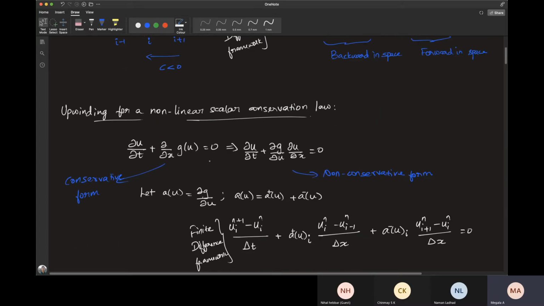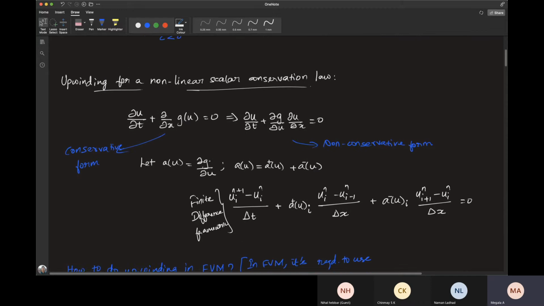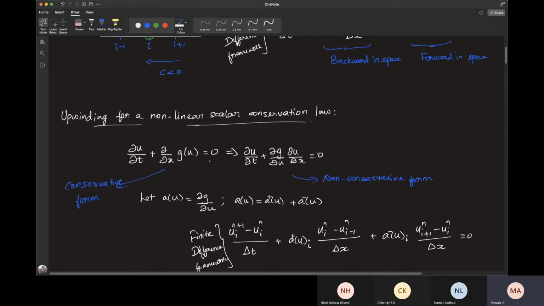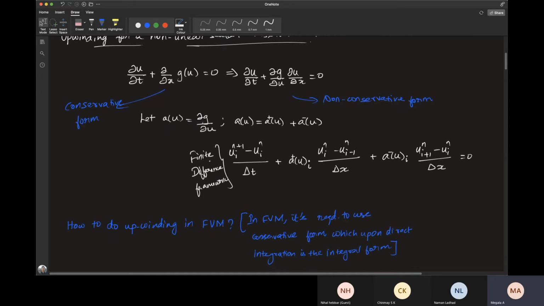Let us now look at nonlinear conservation laws. In this case, how do we do upwinding without going to non-conservative form? In the finite difference framework, we do upwinding in this way. We put the equation in non-conservative form and we see the value of dou g by dou u.